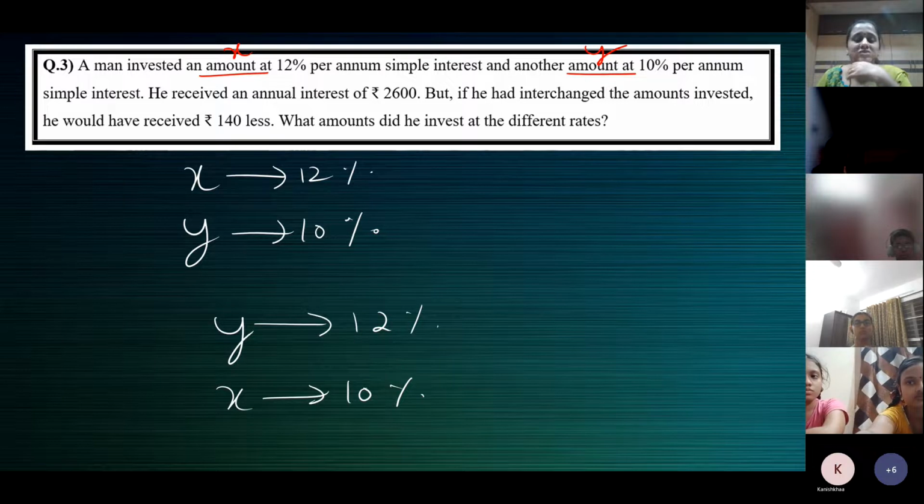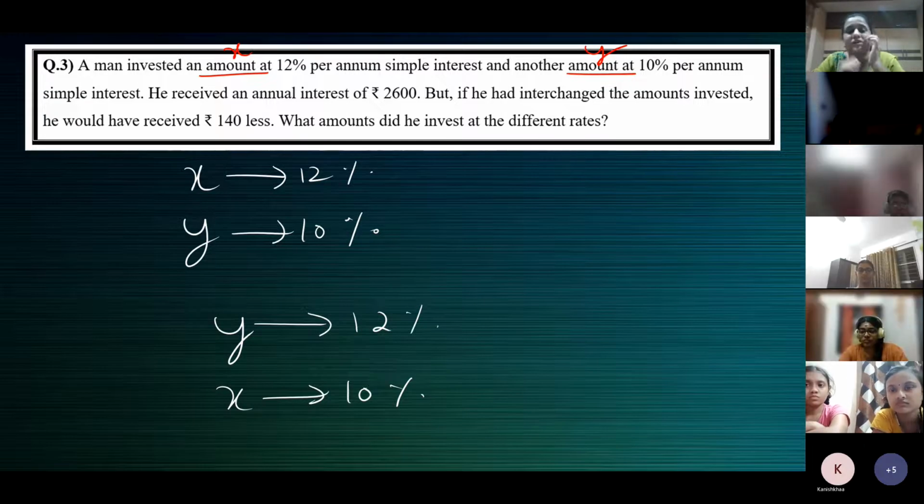So what is 2,600 minus 140? 2,460, right? He would have received rupees 140 less than what he had got in the earlier type of investment. So 2,600 minus 140, 2,460. What amounts did he invest at different rates?